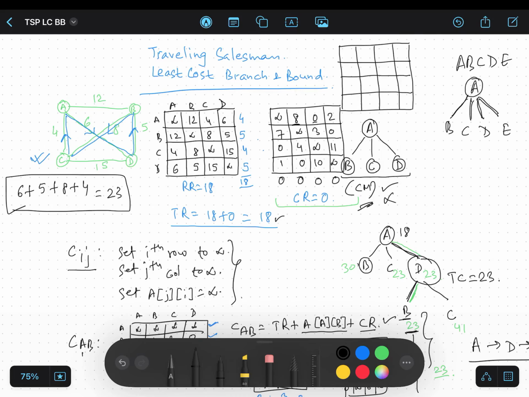And let's say your A to D path was minimum. So then you will calculate B, C, E.